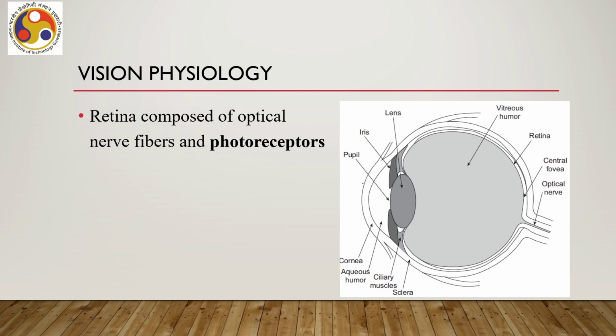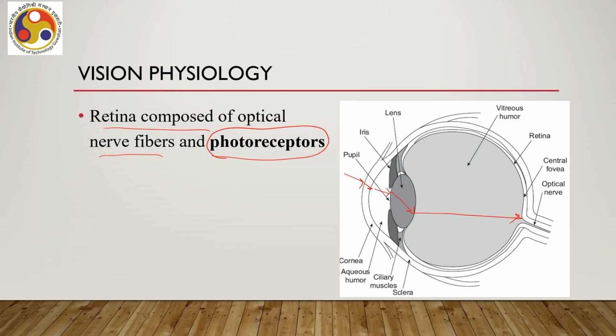Now, the light passes through the cornea, then the lens and goes to the retina. The retina is composed of optical nerve fibers and photoreceptors. If you recollect our earlier discussion, we said that visual perception requires bodily sensors that are called photoreceptors.